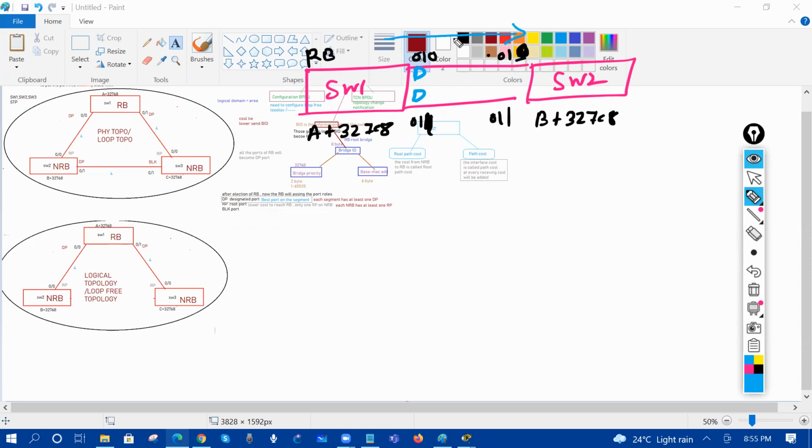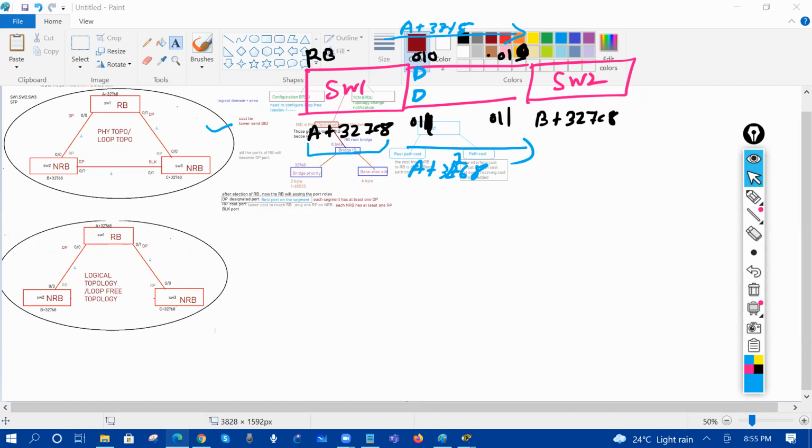He will send the BPDU, and he will also send the BPDU. The cost will be tied. Then it will look at the lower sender bridge ID. The lower sender bridge ID will also be tied, because both are A plus 32768 and A plus 32768, right? Then in this case, which one do I look at?